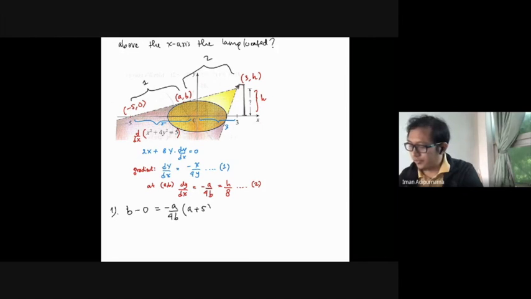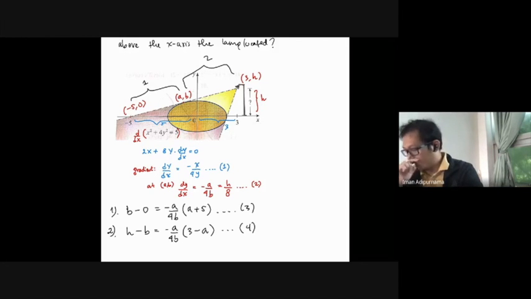It's a plus 5, right? And the second equation will be h minus b, same gradient, and this is 3 minus a. So we have all these equations. And I think this is enough for us to solve and find the whole equation.